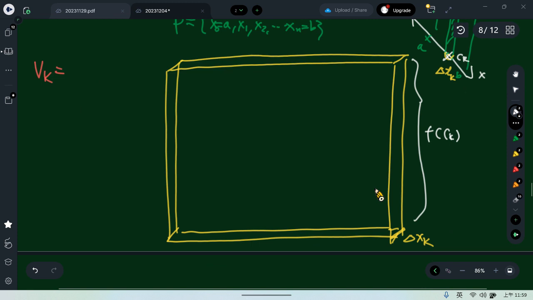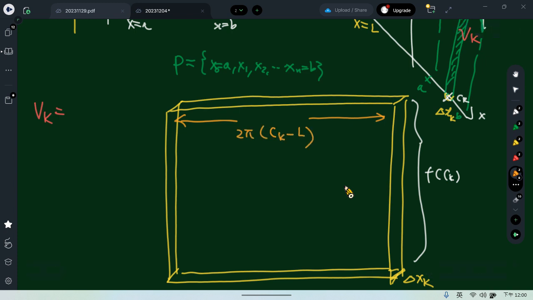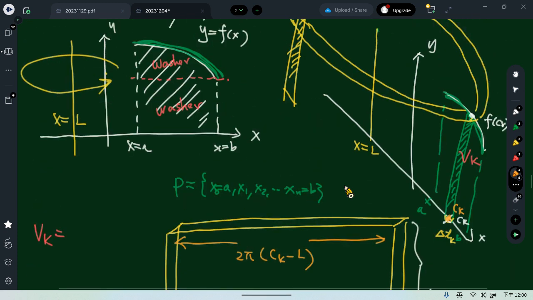Then what's the length? It's around 2 pi times ck minus L. If ck is here, and L is here, ck minus L is the radius.